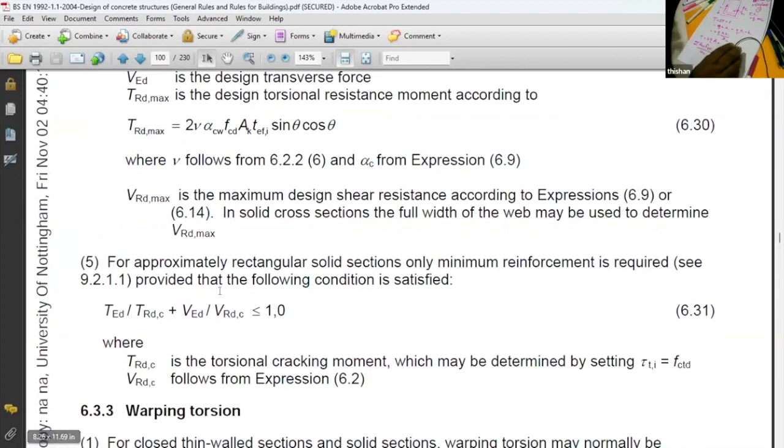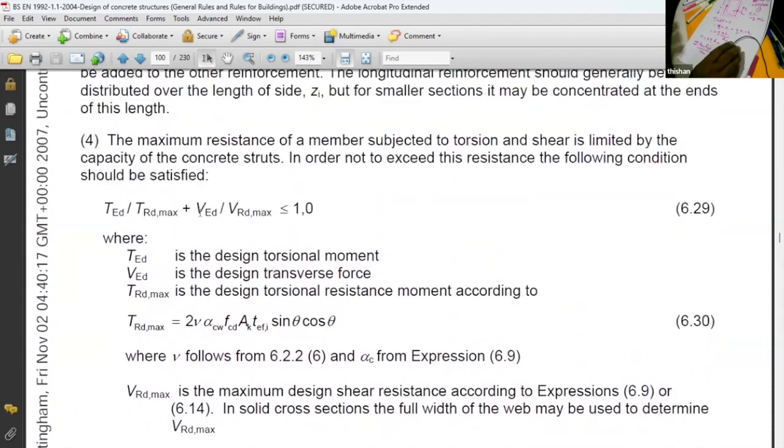That's what this says. Because if this value is very small, then you don't have to worry. On the other hand, what it says in other words is, if torsion is close to zero, only direct shear is available. Make sure the section can resist direct shear. But on the other hand, if there's torsion, if there's direct shear, then it must fulfill this condition.